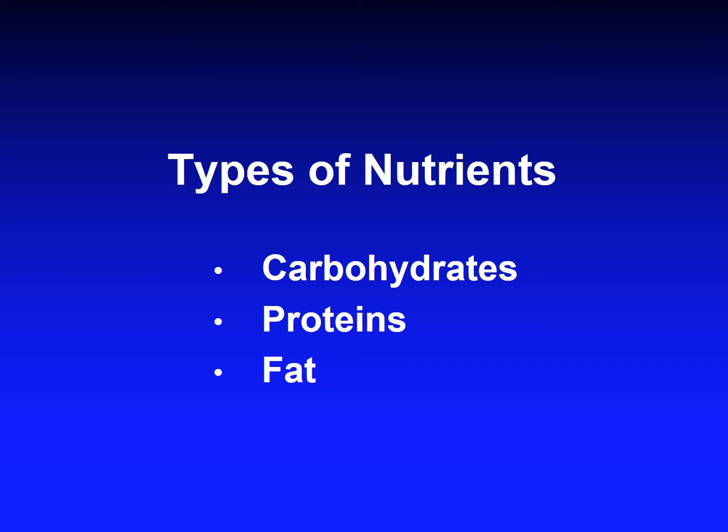And then I will tell you how we're going to absorb the end product of carbohydrate digestion to the inside of the enterocyte, and then from the inside of the enterocyte to the blood vessel to take it to the rest of the body. And the same thing I'm going to do for proteins, and same thing I'm going to do for fat. So let's start with carbohydrates now.